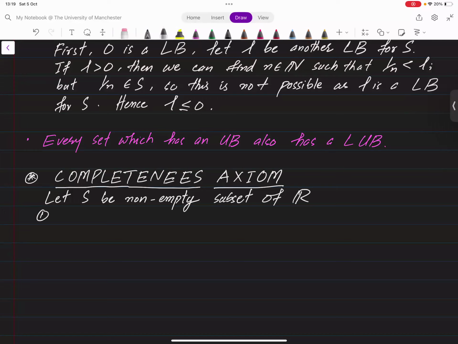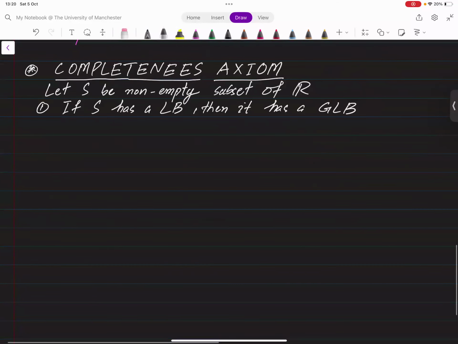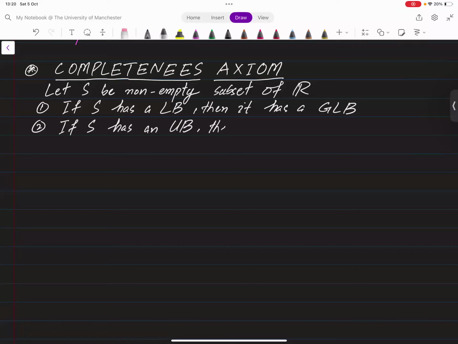If S has a lower bound, then it has a greatest lower bound. 2. If S has an upper bound, then it has a least upper bound.